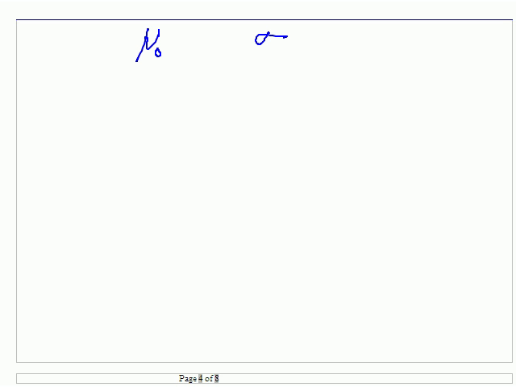Okay, so you're going to have from here a null hypothesis and the alternative hypothesis. The null hypothesis will say the mean is equal to the previous mean.